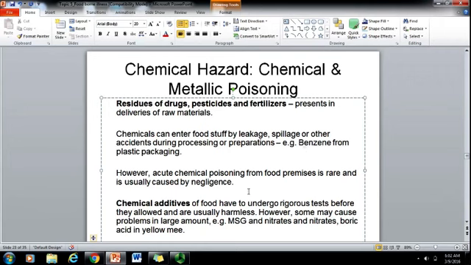But usually chemical hazard is very rare, alright, because if it happens, it might be due to negligence. Usually in the food industry, they have very strict rules where they control the food packaging and the food preparation.